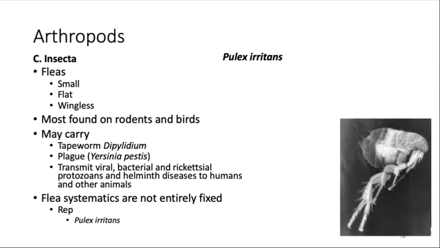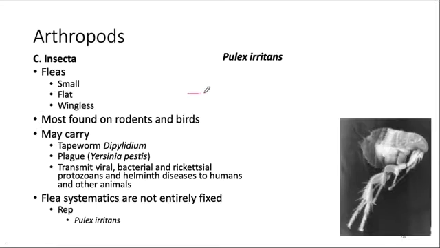If we look at the fleas, for instance, because of their medical importance, fleas are small and flat. We say they are flattened on the side and not dorsoventrally. This is what I mean.